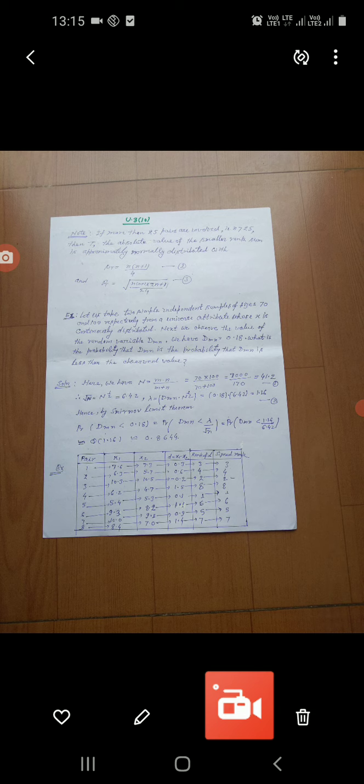Next, we observe the value of the random variable Dmn, just like we have discussed in the Kolmogorov-Smirnov test, and the value of Dmn is equal to 0.18.